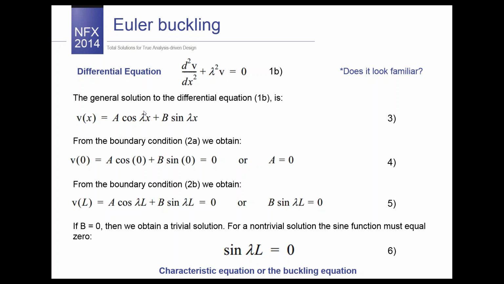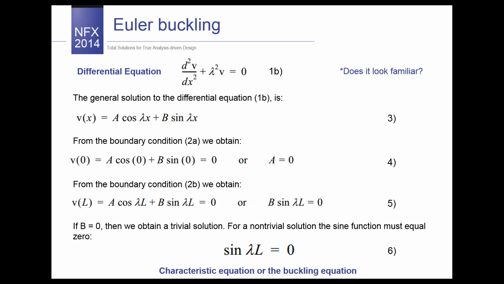And the general solution for the differential equation has been presented in this line. So from the first boundary condition, which has been presented on the previous slide, we can obtain equation 4.